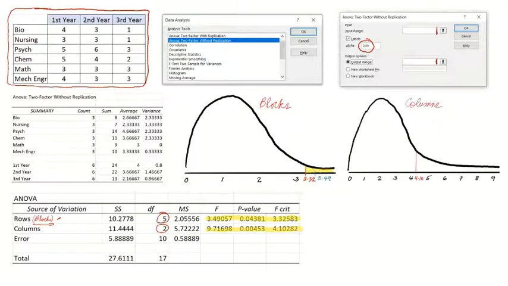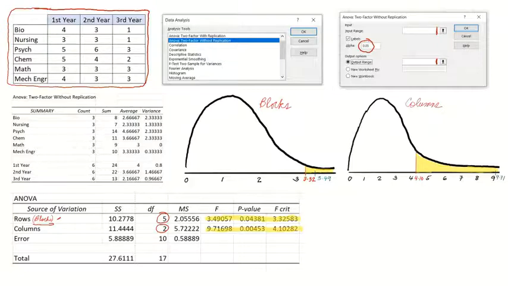But because our F value is well within the critical region, we therefore reject that null hypothesis, and instead we say that there is a significant difference between the sleeping hours of first years, second years, and third year students.